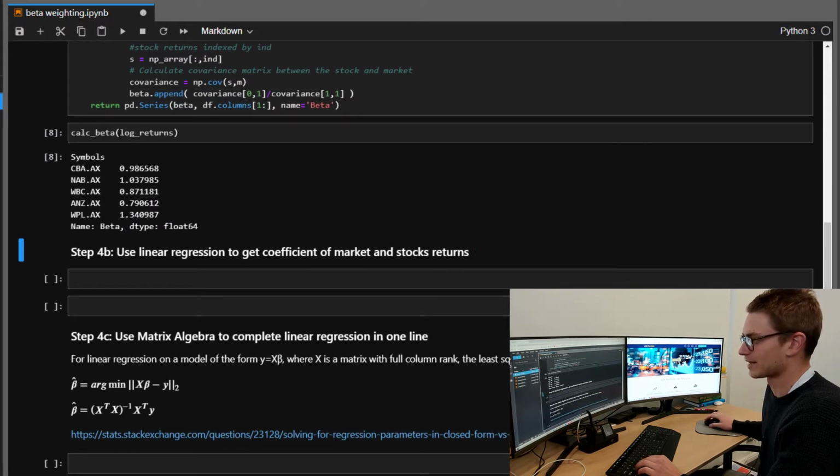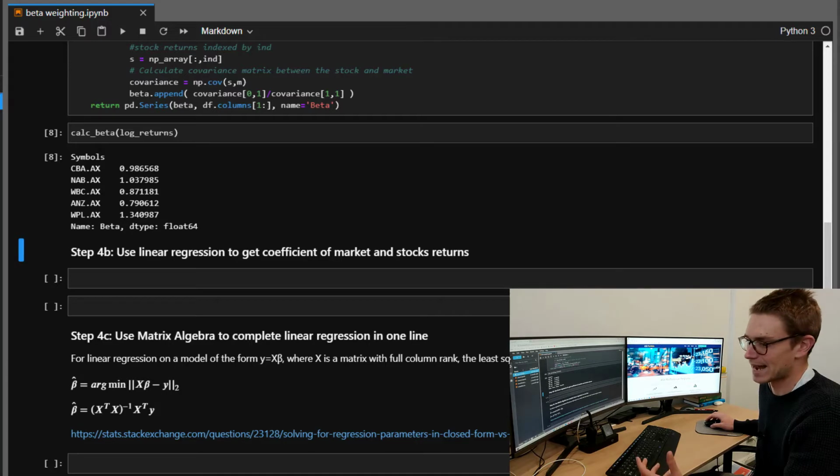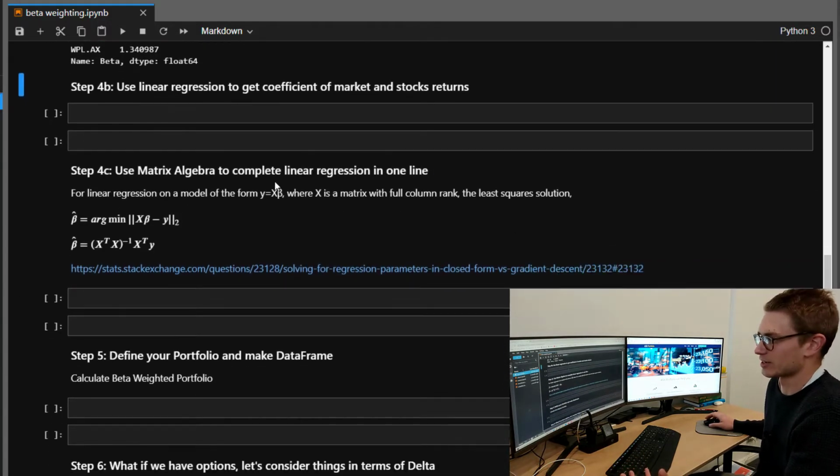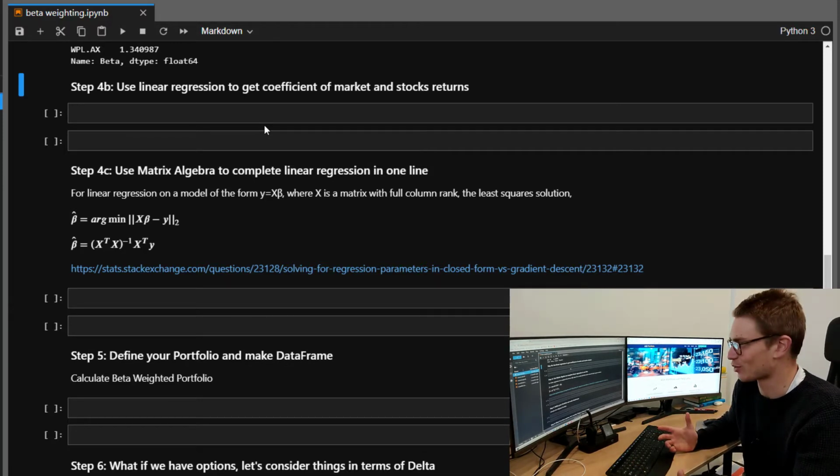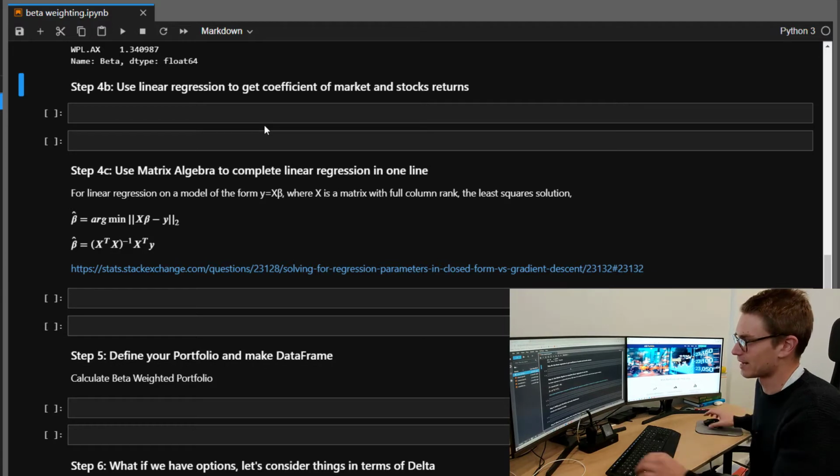So now that we've calculated the betas, let's try and do this another way. Another really useful way is to understand that this is just linear regression. We're essentially putting a straight line through the returns of the market and the stocks on either axis, and then doing linear regression, OLS, line of best fit, to try and find the coefficient, the relationship between these two things.